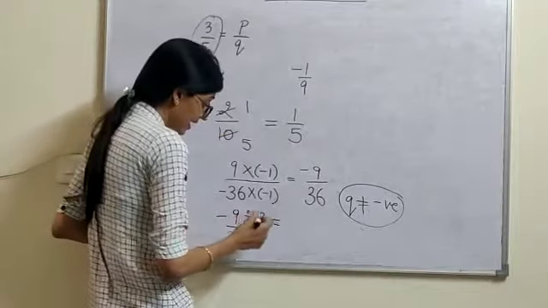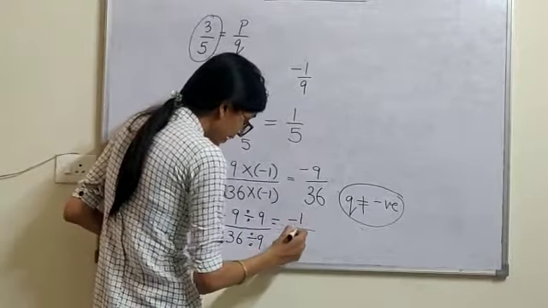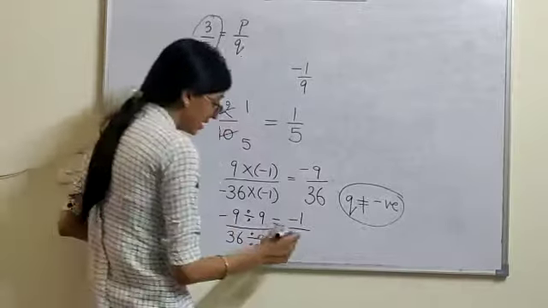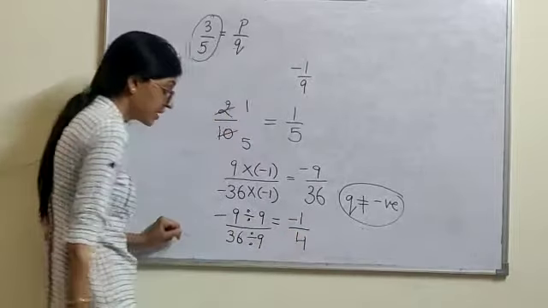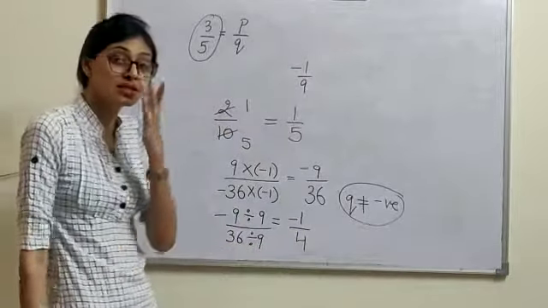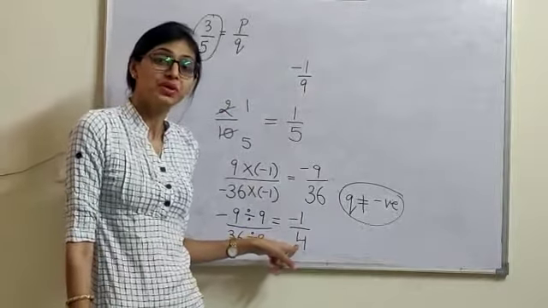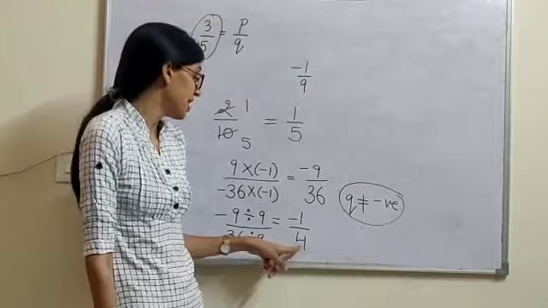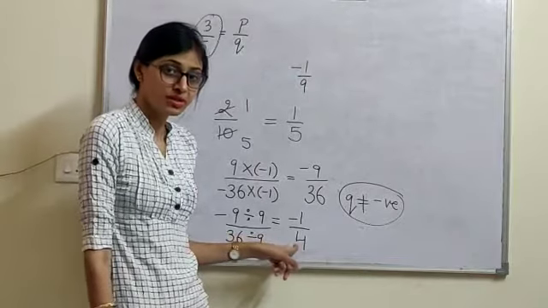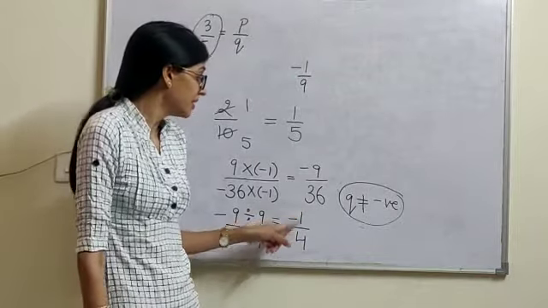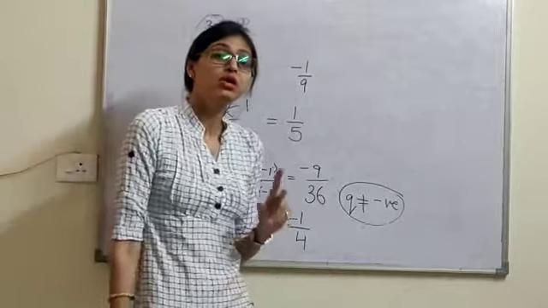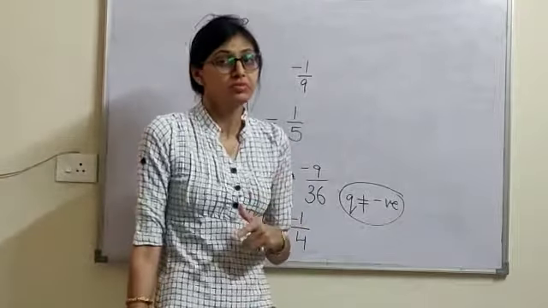So minus 9 divided by 9 is minus 1, and 36 divided by 9 is 4. Okay, so this is the final rational number in standard form, which has the denominator positive, and also 1 and 4 have only 1 as the common factor.